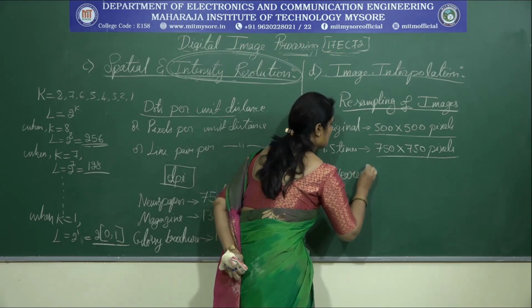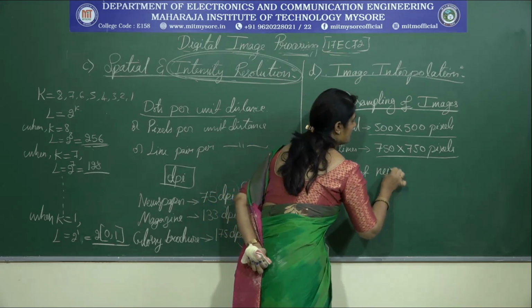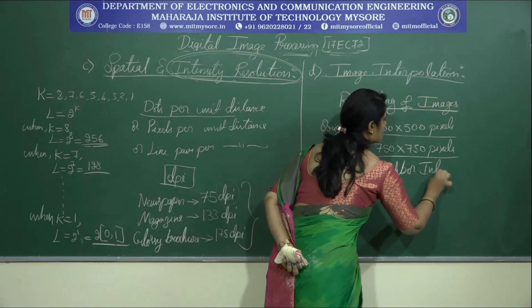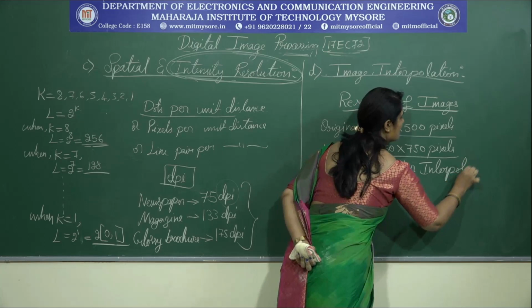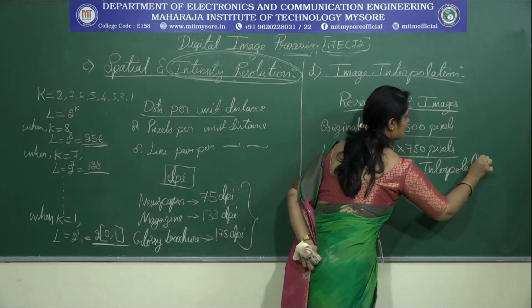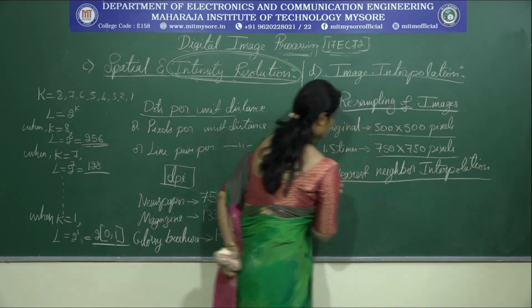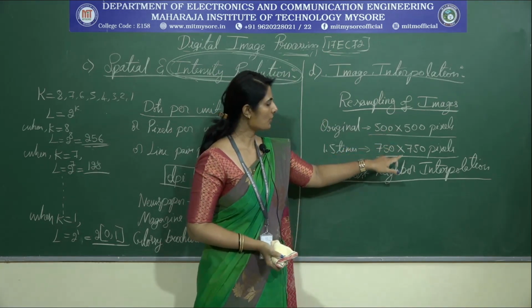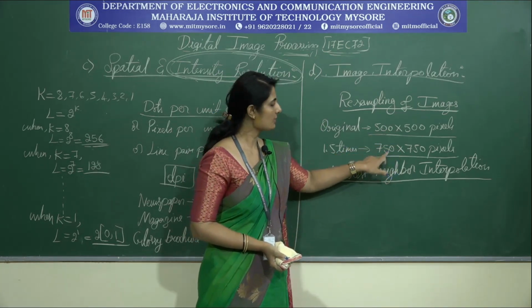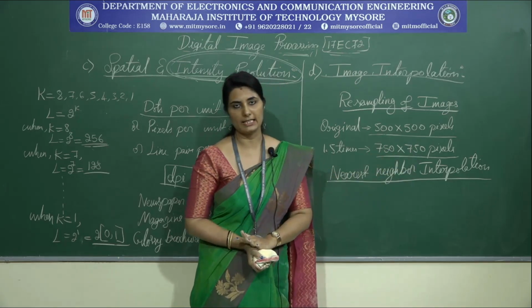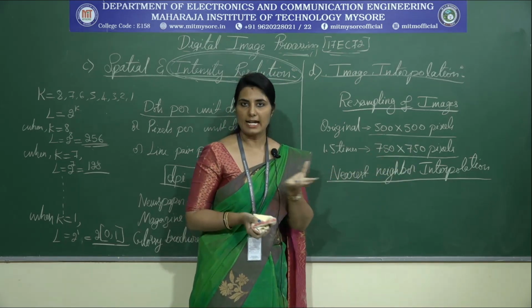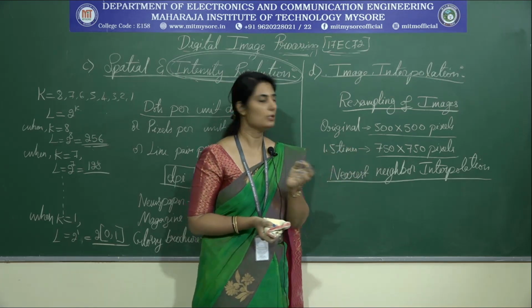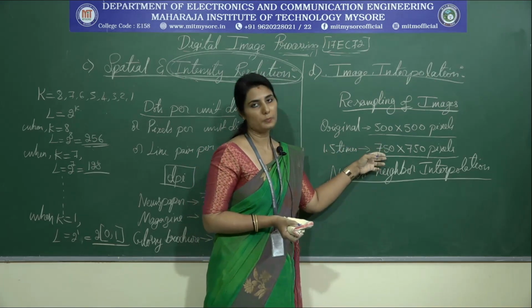This is the method which we use whenever you modify the size of the original image and enlarge it to 750 cross 750 pixels. Some new pixels get added, and we have to assign new intensity values to these new pixels.